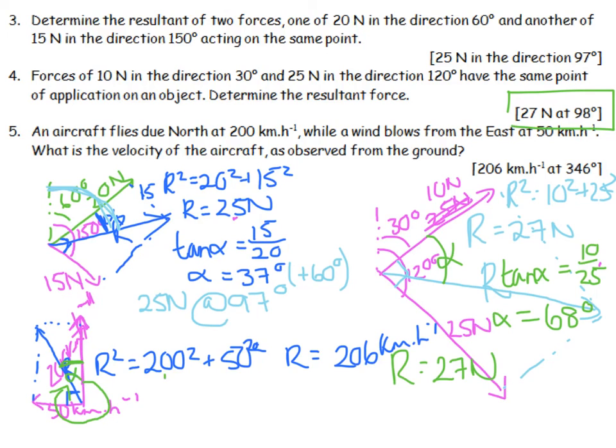So I say tan of alpha is equal to the opposite side, and my opposite side is 50, and my adjacent side is 200. So it's 50 divided by 200, and alpha turns out to be a mere 14 degrees. When I subtract it from 360, I get 346.